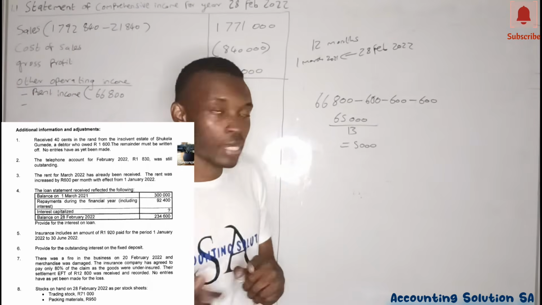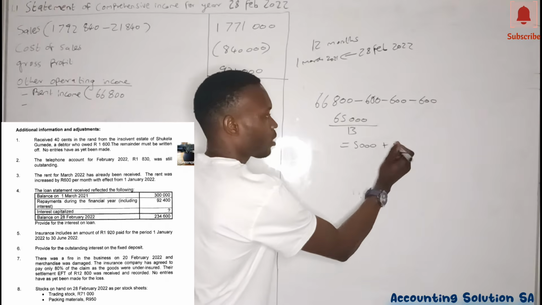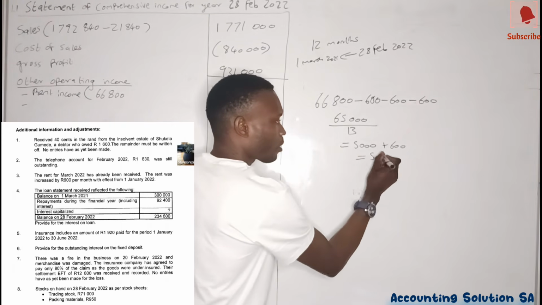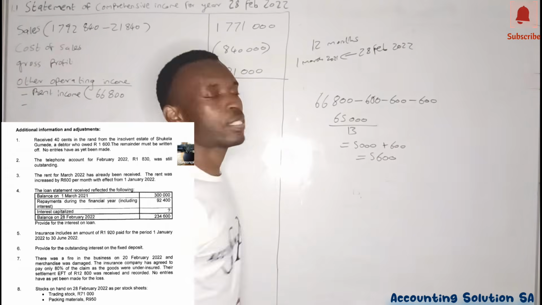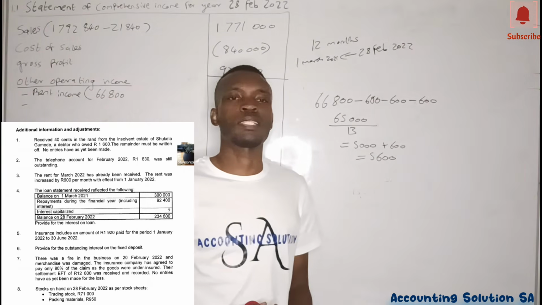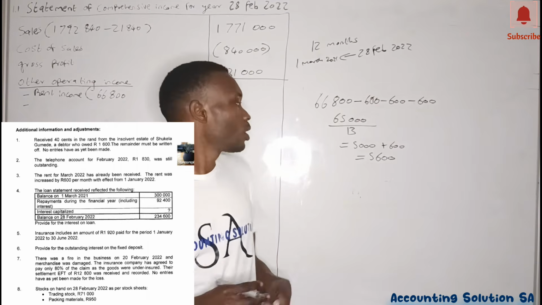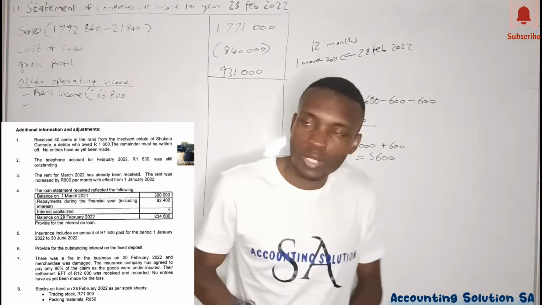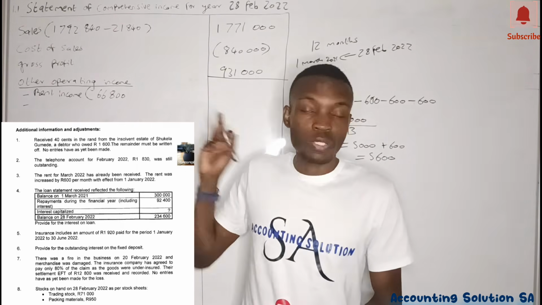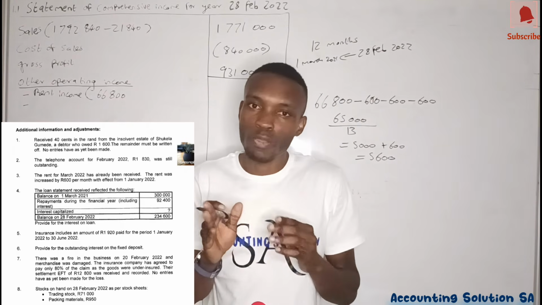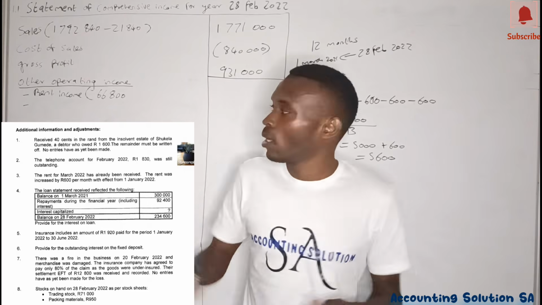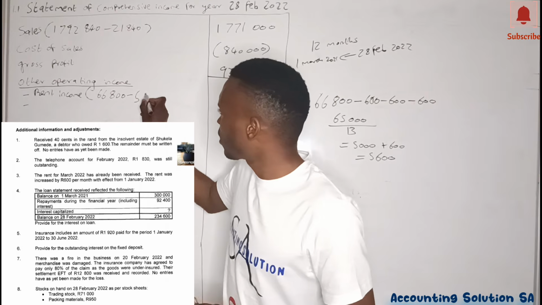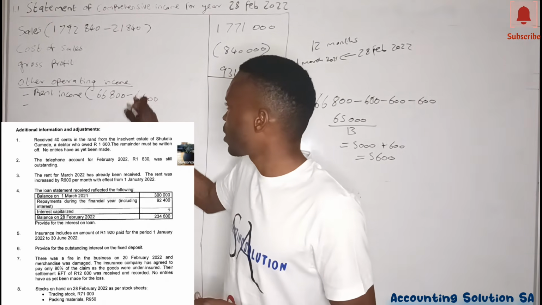Now after the rent has increased, we have to add 600. Then it's going to give us 5,600. Simple as that, guys. So this 5,600 is the one that we have to subtract, because it's for March and the principle says we have to record only 12 months. We have to say minus 5,600.